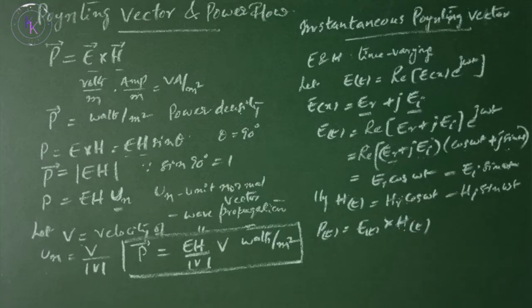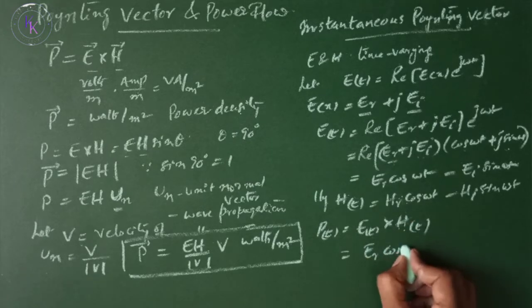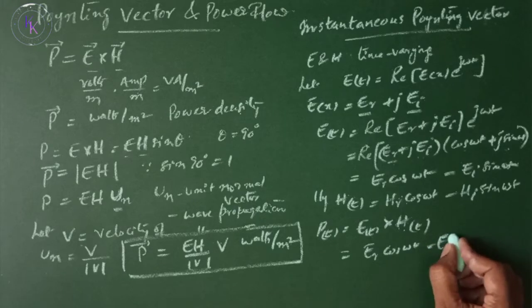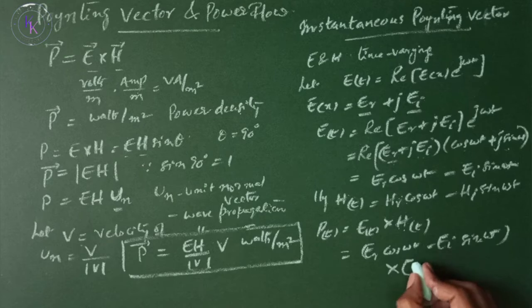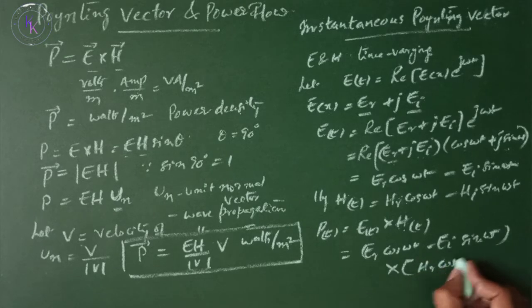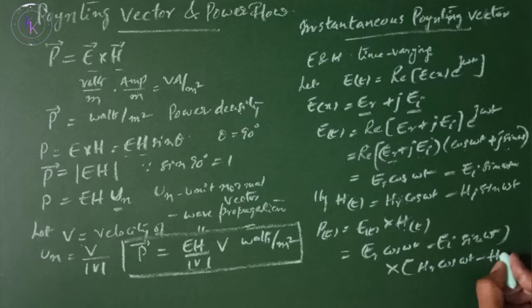Now substitute these values: (Er cos omega t minus Ei sin omega t) cross (Hr cos omega t minus Hi sin omega t).